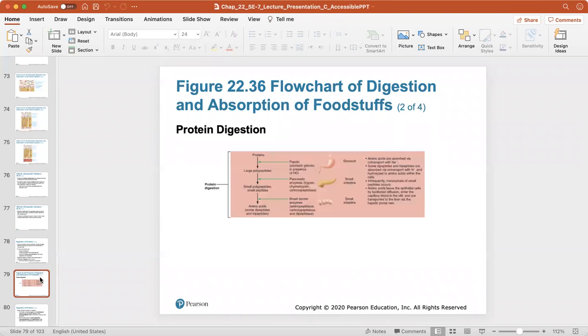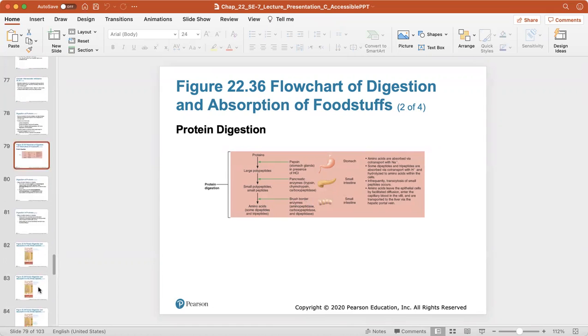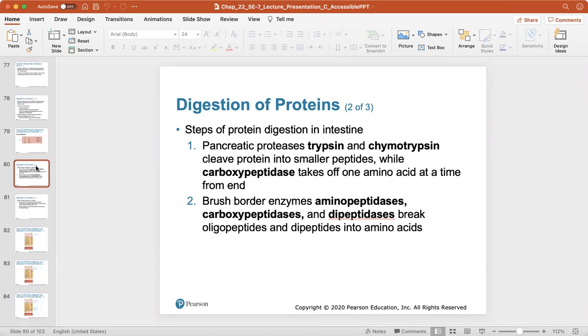So here's a look at protein digestion. It starts in the stomach, continues in the small intestine, and eventually proteins get broken into amino acids, which can be absorbed then in the small intestine. So the steps of protein digestion in the intestine: your pancreatic proteases trypsin and chymotrypsin will cleave proteins into smaller peptides, while carboxypeptidase takes off one amino acid at a time from the end.